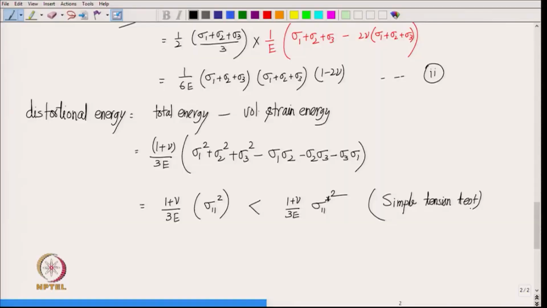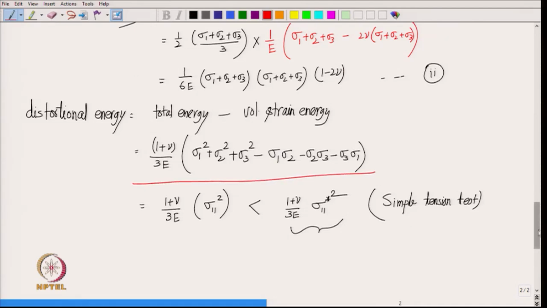So, this is only for simple tension test, but notice that simple tension test gives me the critical value of distortional energy, which is this number. So, for a general loading, the distortional energy is this entire expression.